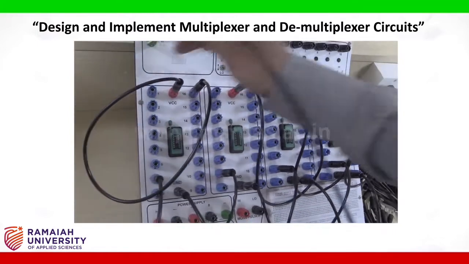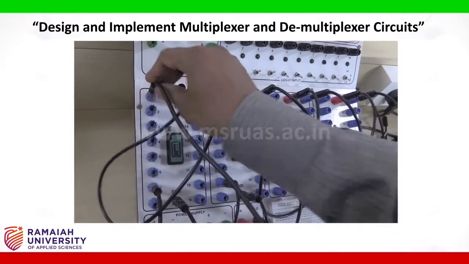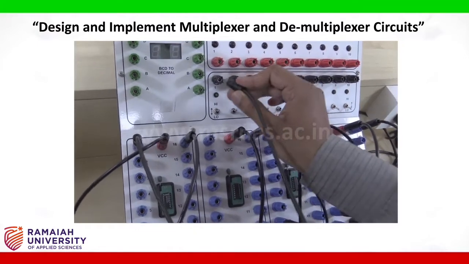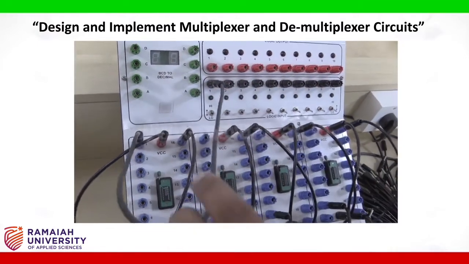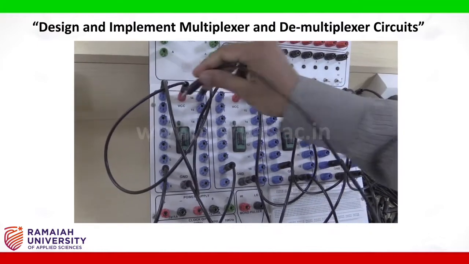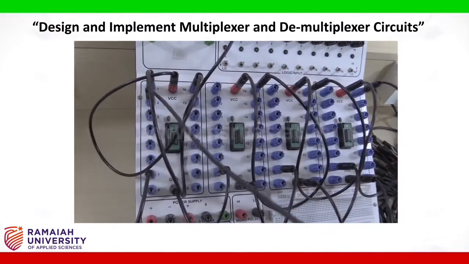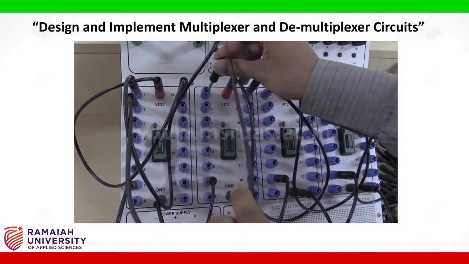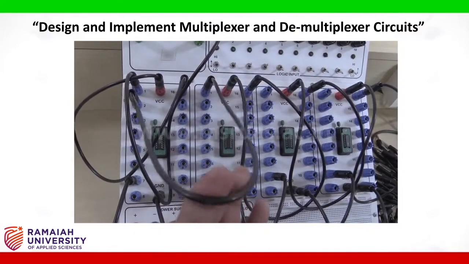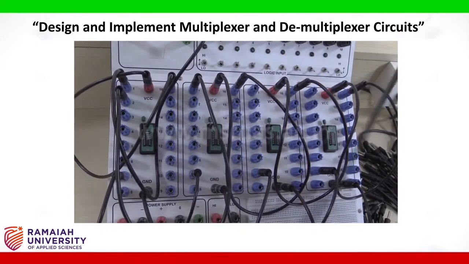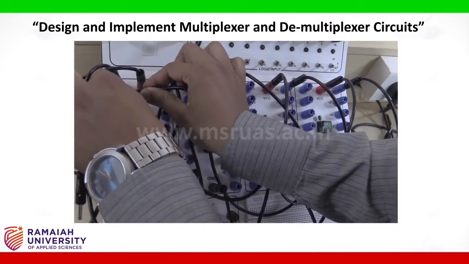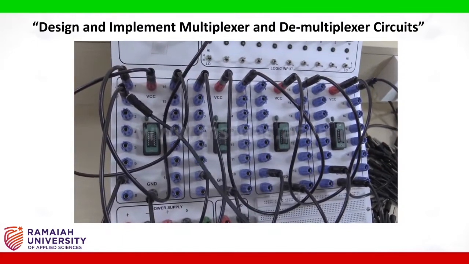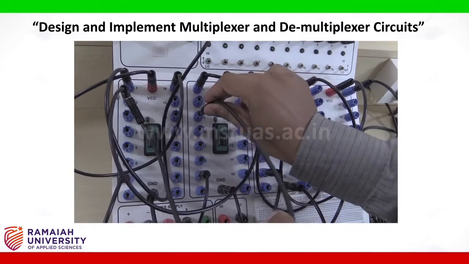Pin number 1 of the NOT gate is connected as one of the inputs, that is the select input S1. Pin 2 of the NOT gate is connected to pin number 1 of the 3 input AND gate. Similarly, the same pin number 2 of the NOT gate is also connected to pin number 3 of the AND gate.